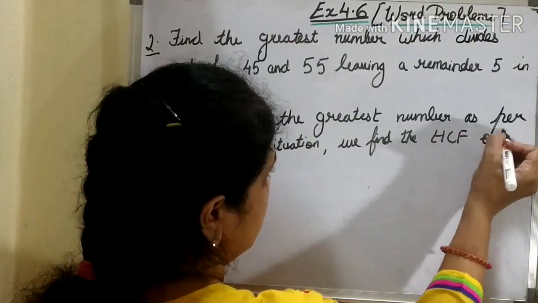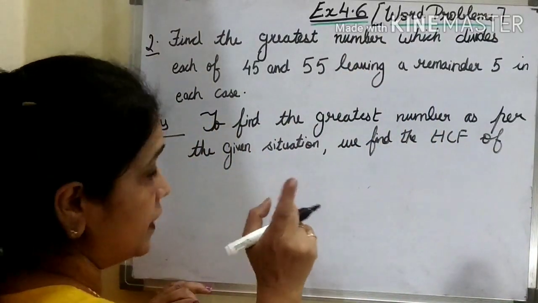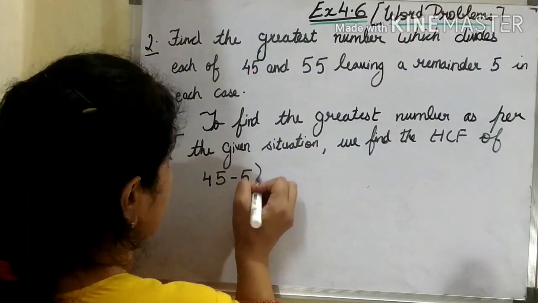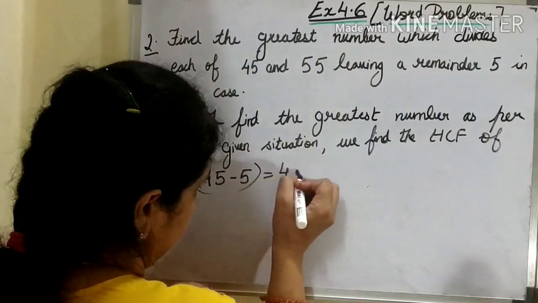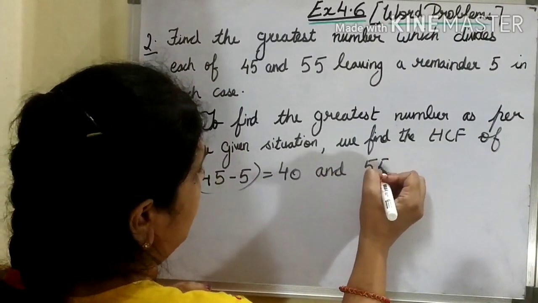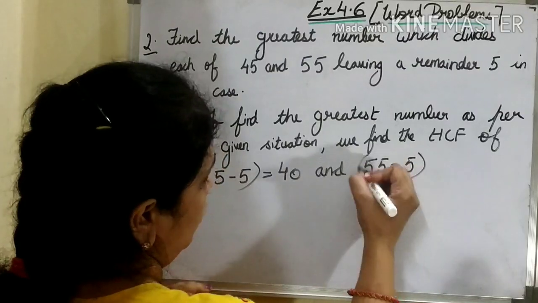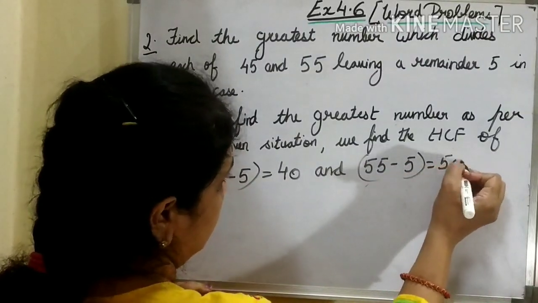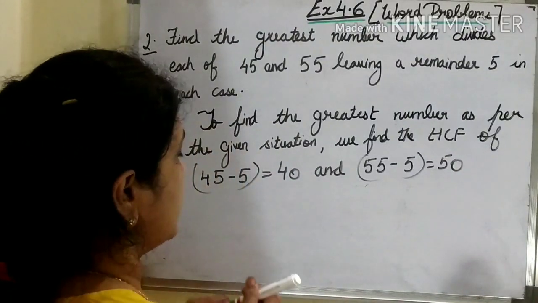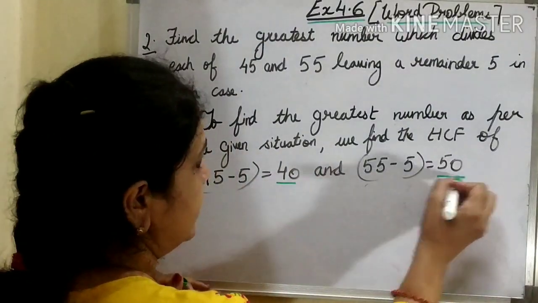Since remainder 5 is left, we will find the HCF of 45 minus 5, which is equal to 40, and 55 minus 5, which is equal to 50. That means what are we going to do? We are going to find the HCF of 40 and 50.